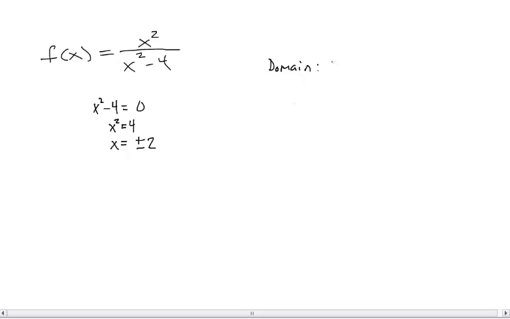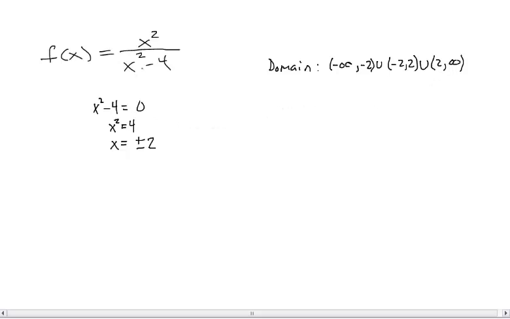So now we can see that this function does not exist at 2 and negative 2. So our domain is going to be negative infinity to negative 2 union negative 2 to 2 union 2 to infinity.